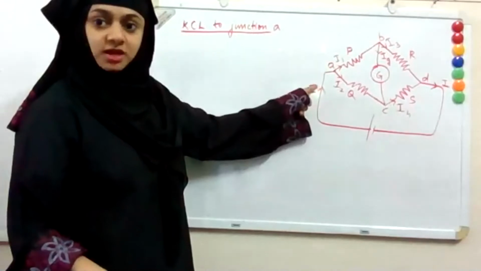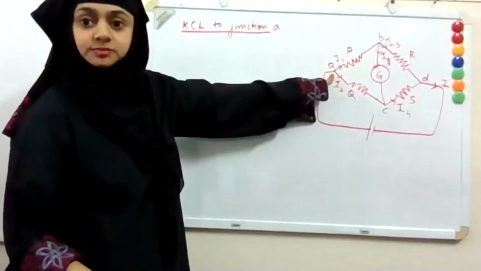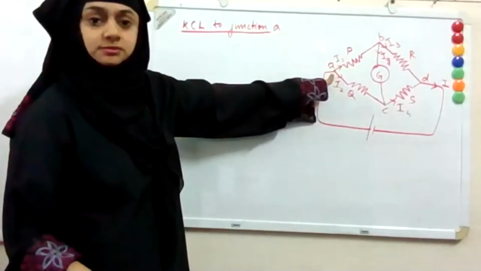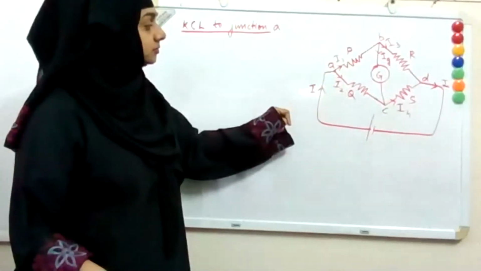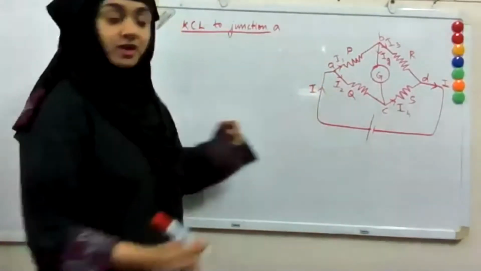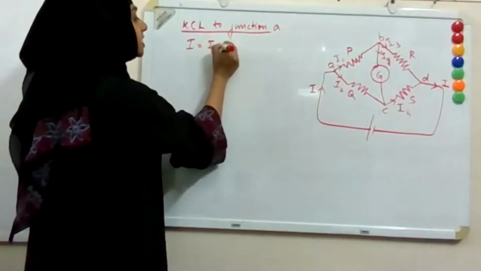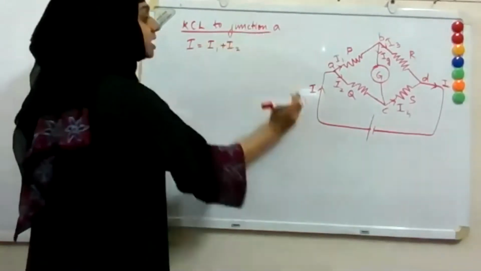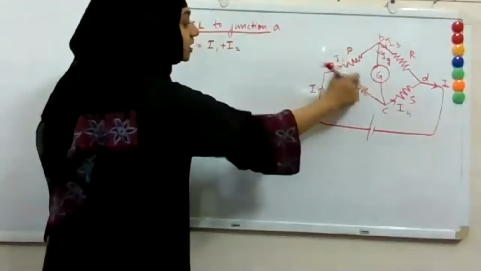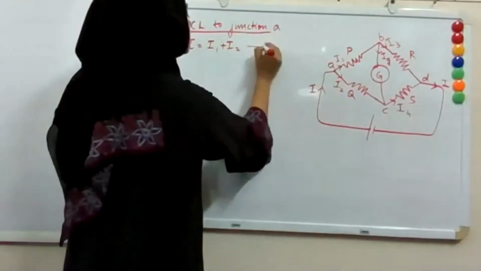What will be the current law applied here? I1 plus I2 equals I, right? So I can write I is equal to I1 plus I2, because I is entering the junction, and I1 and I2 are leaving the junction. Now this is one equation.